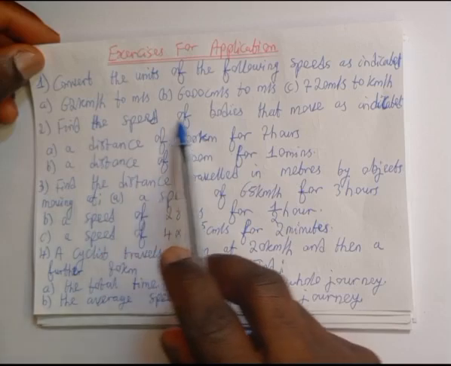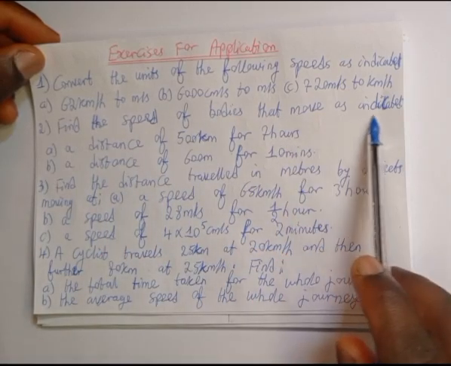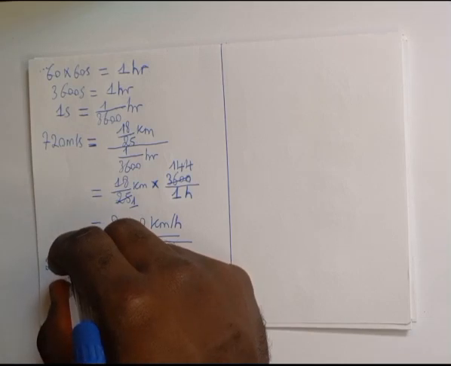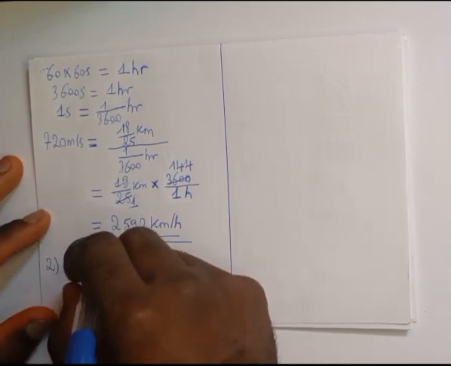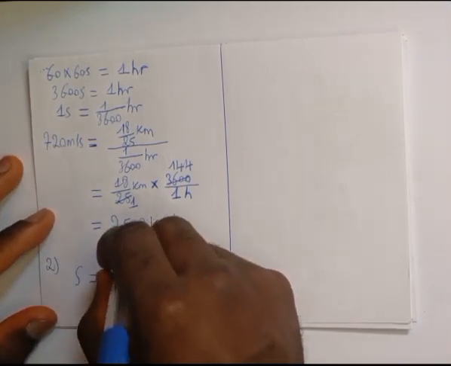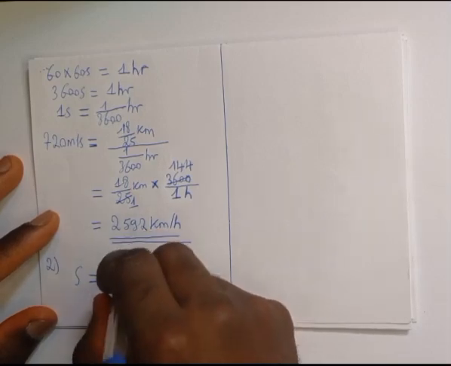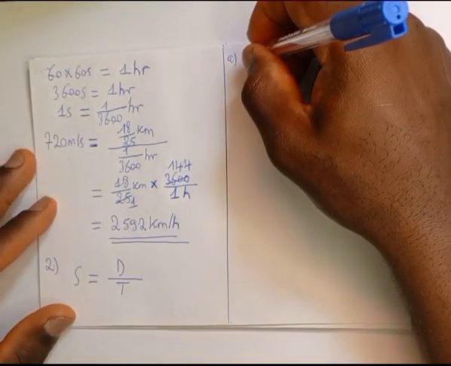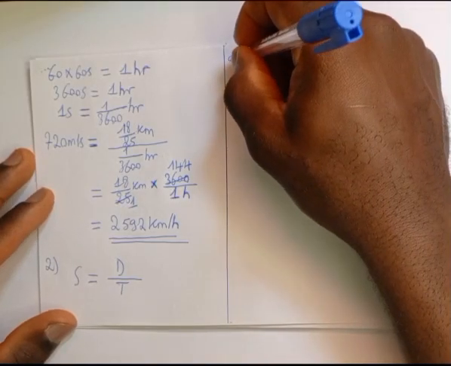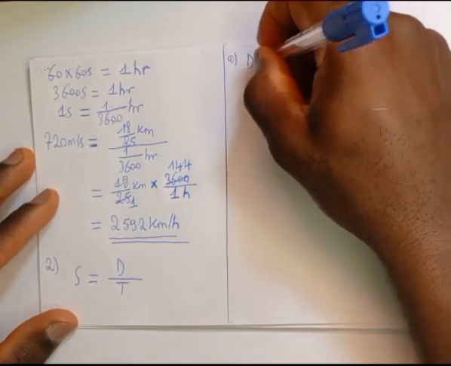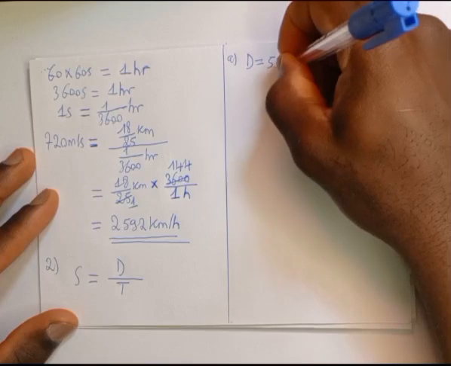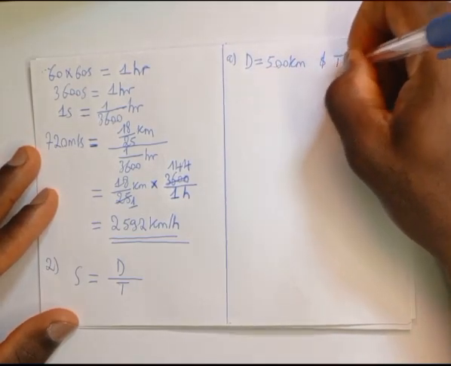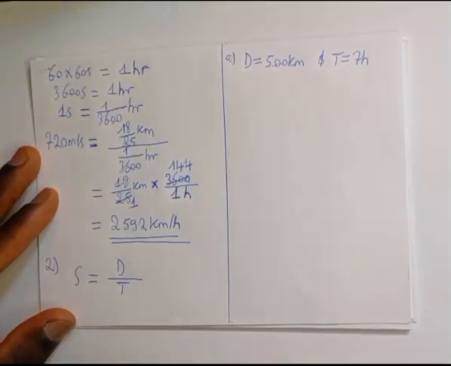We go now to question 2. Question 2 says find the speed of bodies that move as indicated. For A, first we know speed, which is denoted by s, is equal to distance traveled, denoted by d, divided by the time taken. For question A, we have been told that the body travels a distance of 500 kilometers and the time taken is 7 hours.